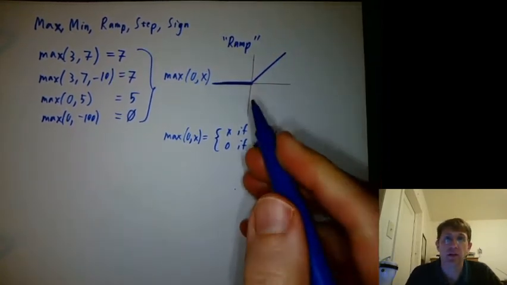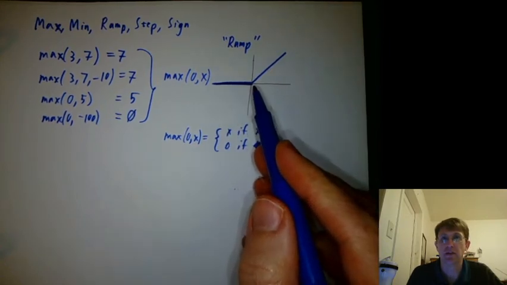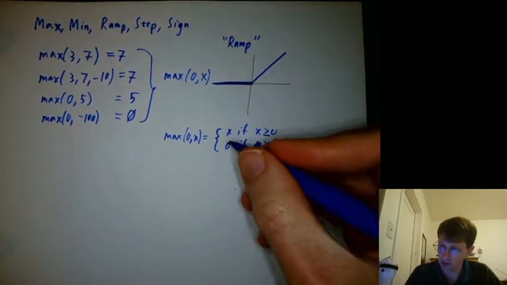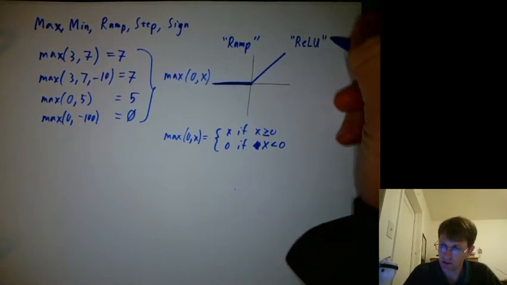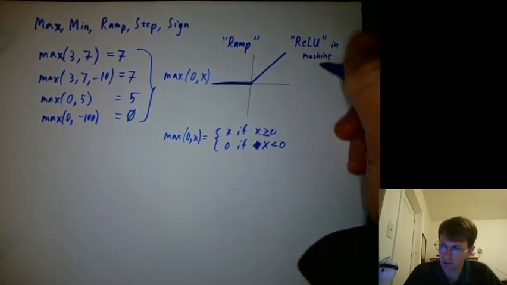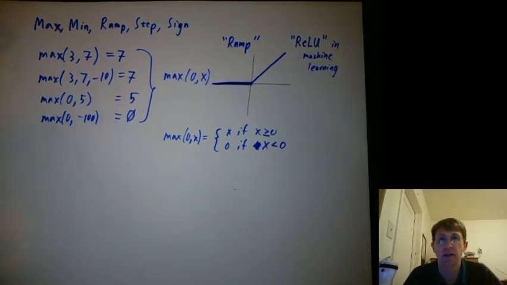And it's useful if you have something where you kind of throw a switch and stuff starts accumulating and just grows linearly. It's also called a ReLU function, rectified linear unit, in machine learning. They're quite popular there. Machine learning is a branch of artificial intelligence or data science or statistics or something.